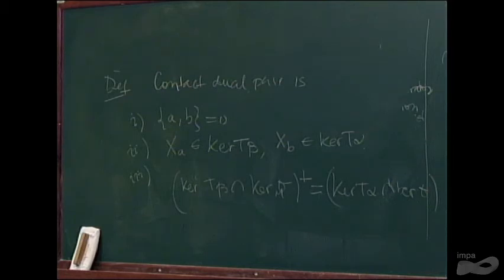So if you have a Poisson manifold, this is foliated by symplectic manifolds. Jacobi manifolds also have a natural foliation. It's just that it's a bit more complicated. The leaves are either contact or locally conformally symplectic, but you have a natural foliation there, right?